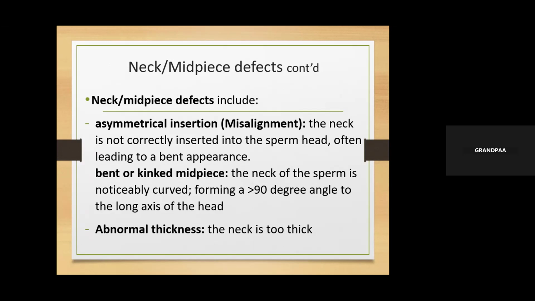Okay, right. You can also have abnormal thickness. Here we're dealing with the neck and the midpiece. Technically, the neck is that junction that fixes the midpiece to the head. And then what follows is the midpiece.